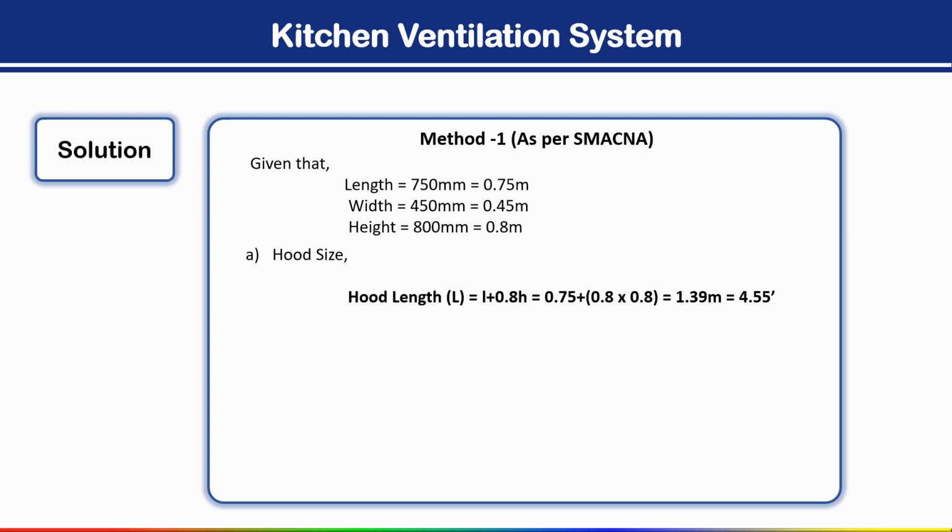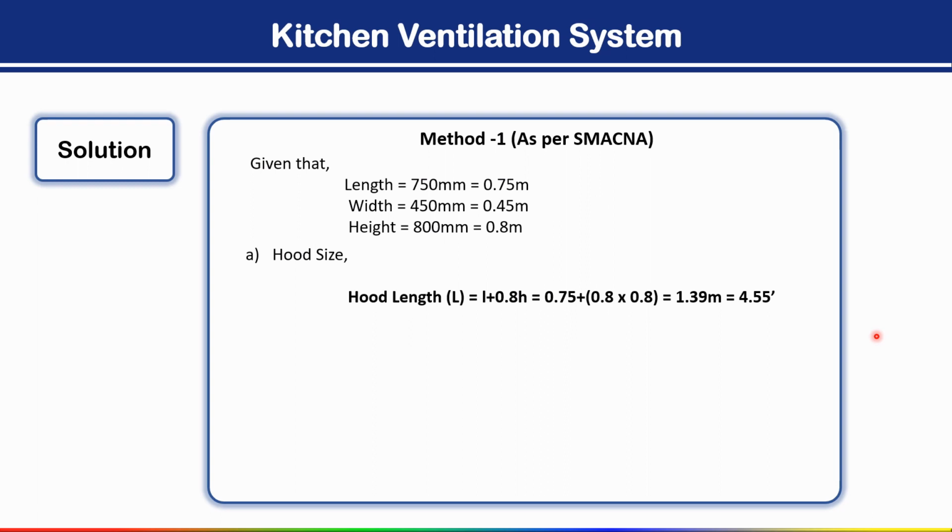We put the values here: 0.75 plus 0.8 into 0.8. Finally you will get 1.39 meter. Now convert this meter into feet. We know that 1 meter is 3.28 feet. Multiply by this factor and you will get 4.55 feet. So this is our length of the hood.